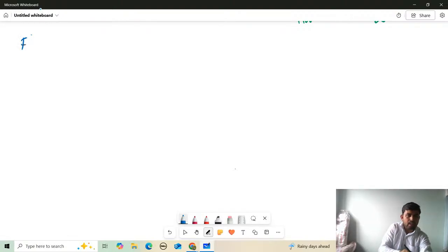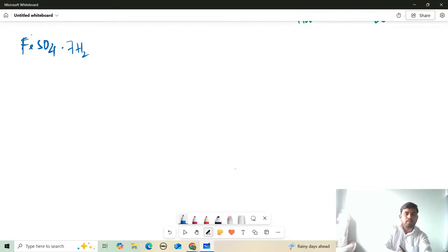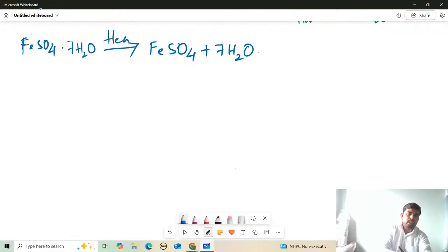Iron sulfate first undergoes decomposition. Remember, the first reaction: FeSO4 has seven water molecules with it, which is called the water of crystallization of iron sulfate. It forms FeSO4 plus 7H2O. Here also we need to supply heat energy.